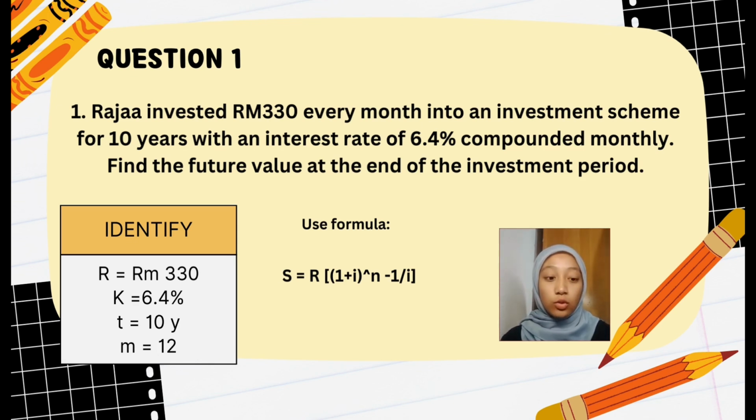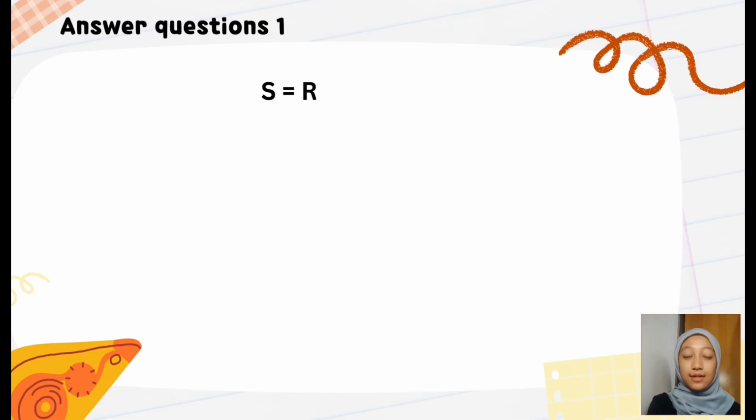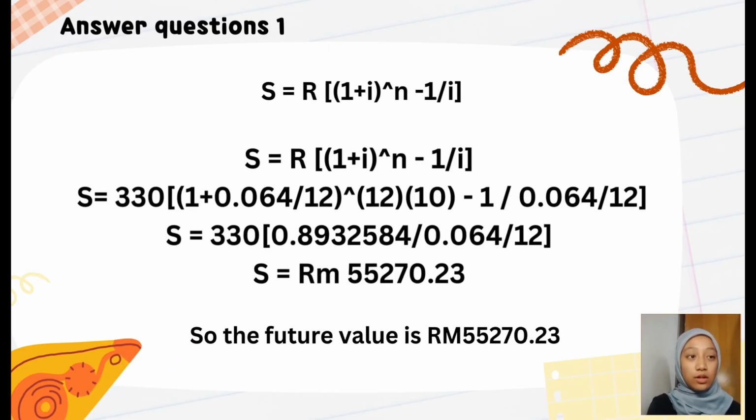We use the formula S equals R in brackets, 1 plus i, close brackets, to the power of n, minus 1, divided by i. Once the contents have been identified, enter them into the formula and calculate each item to determine the amount.